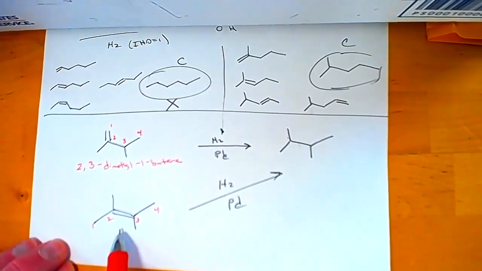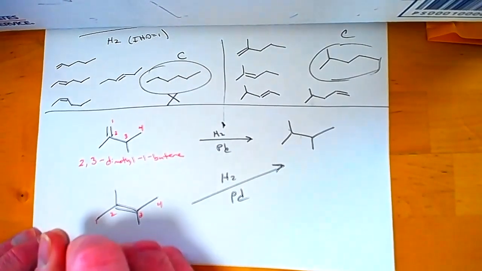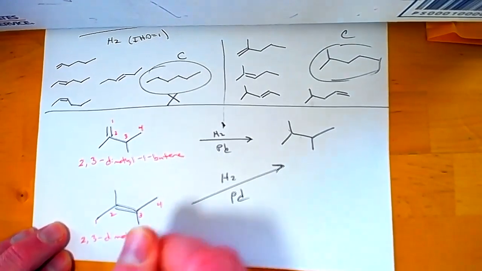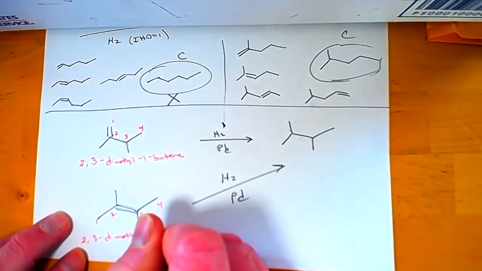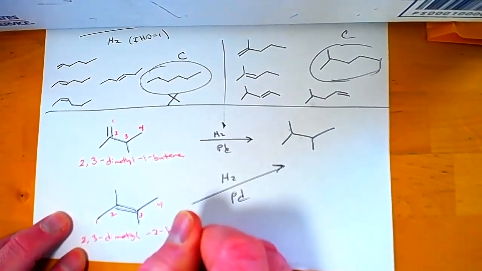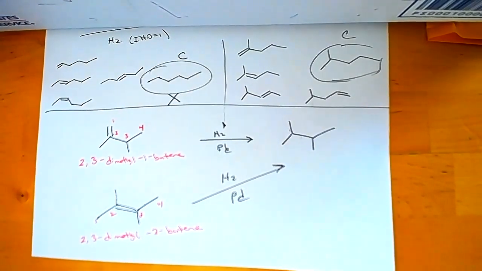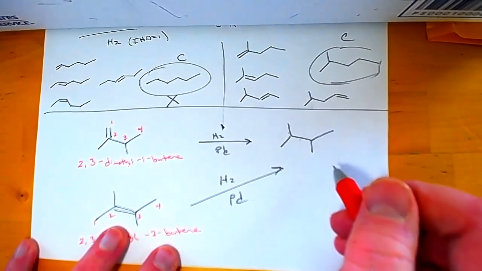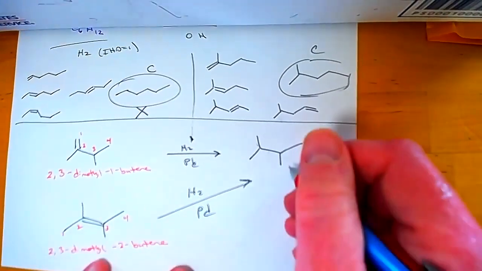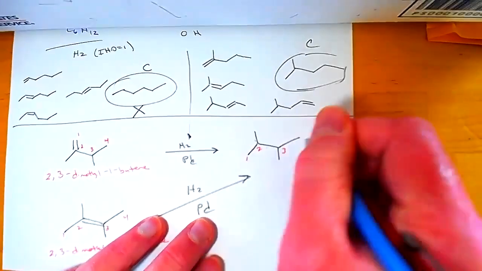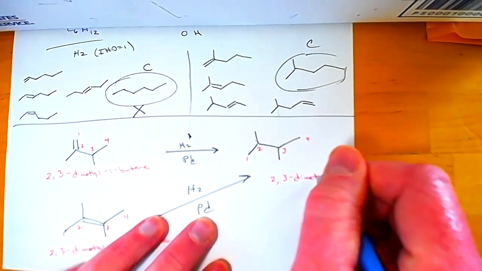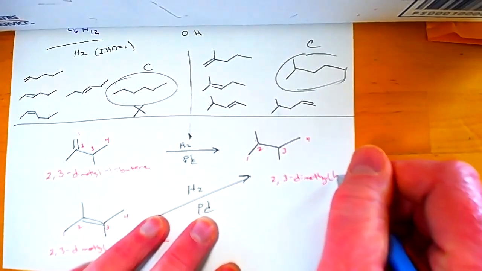The one on the bottom is 2,3-dimethyl-2-butene. And compound C, over here, is 2,3-dimethylbutane.